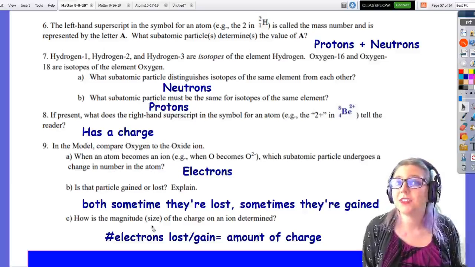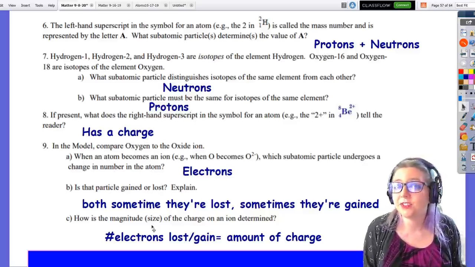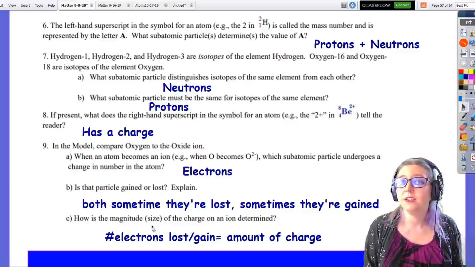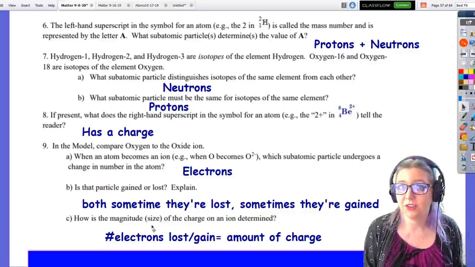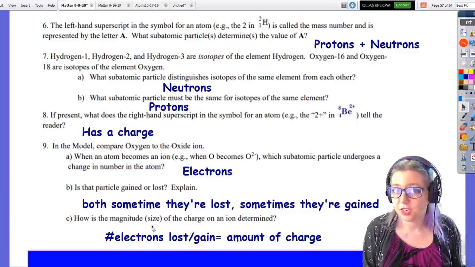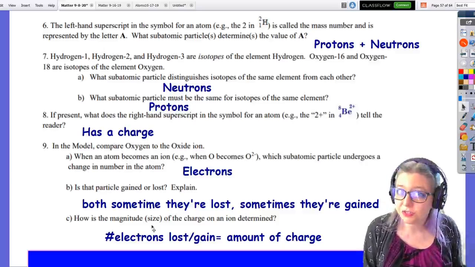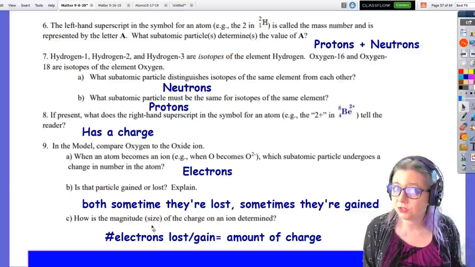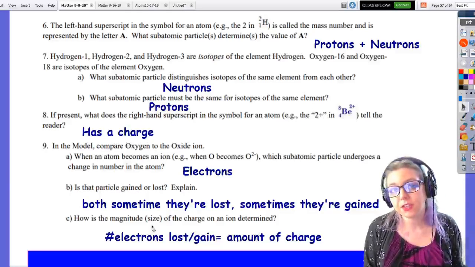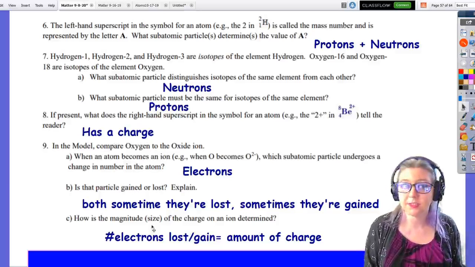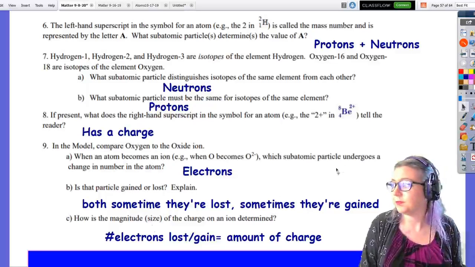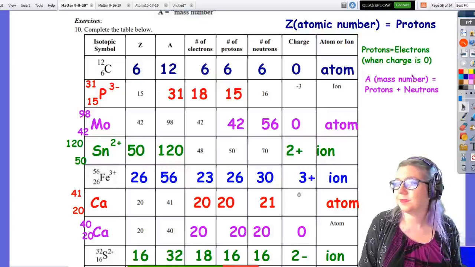It's the number of electrons that have been gained or lost. So oxygen gains 2 electrons for a -2 charge. Chlorine gains 1 electron for a -1 charge. Beryllium lost 2 electrons to get a +2 charge. So the number of electrons that you've gained or lost is your charge number. It's the amount of your charge.